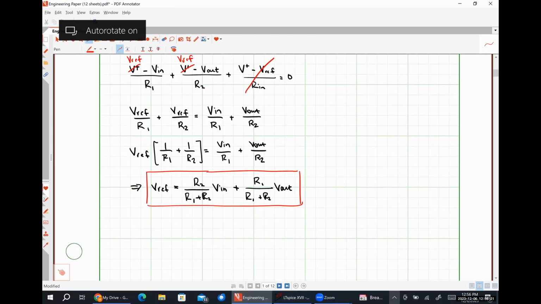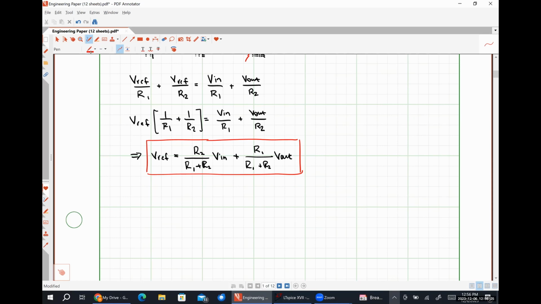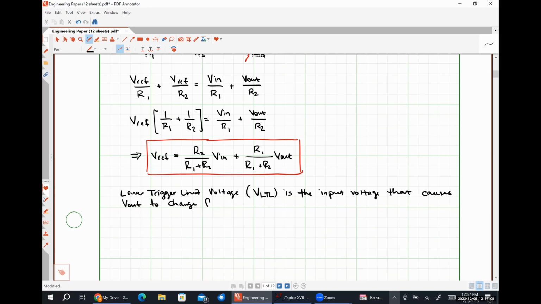So our lower trigger limit voltage, V subscript LTL, is the input voltage that causes the output to change from VCC plus to VCC minus.